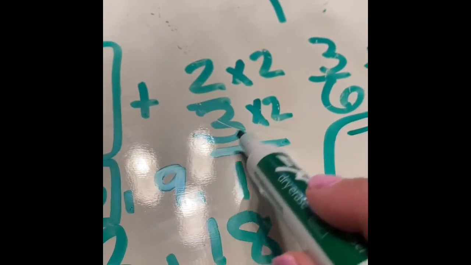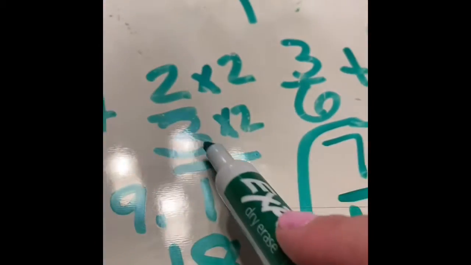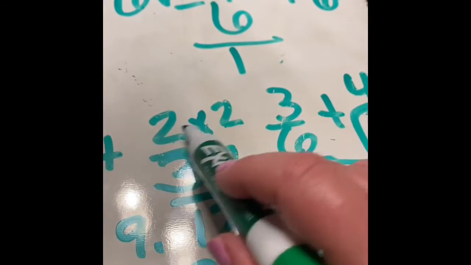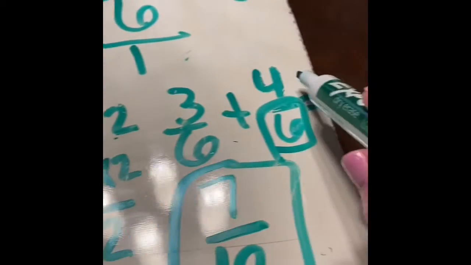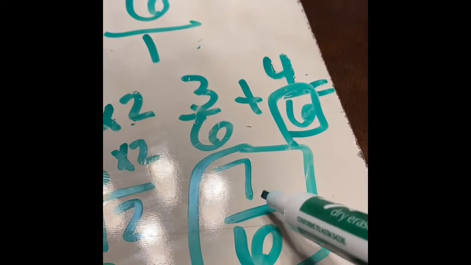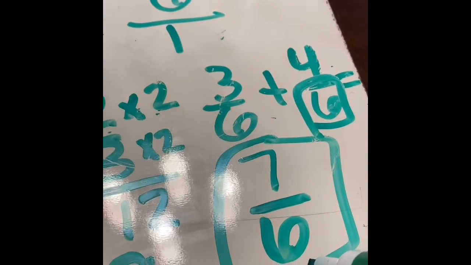This I needed to multiply by 2 to get to 6. Whatever I do to the bottom, I do to the top. So I needed to multiply this by 2 to get to 4. 3 plus 4 is 7. My denominator stays the same at 6.